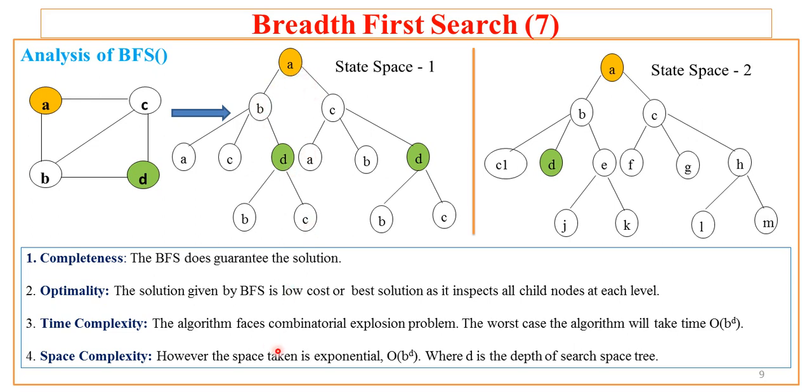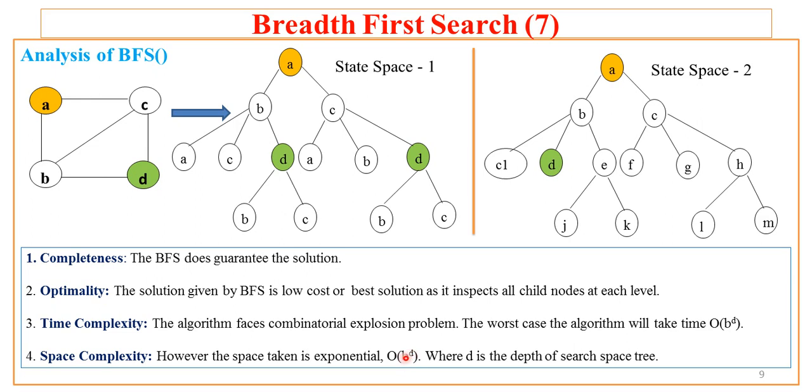But what of BFS, breadth first search? It will explore first level all nodes, second level all nodes, third level all nodes. For example, if no solution is at this level, it will go to the next level, and you know that at each level there are b raised to power d nodes.